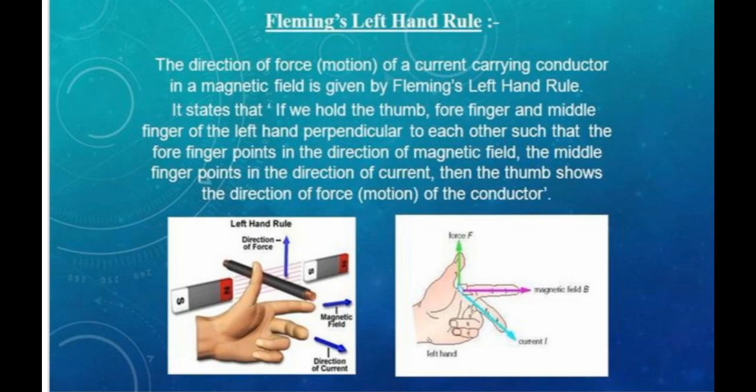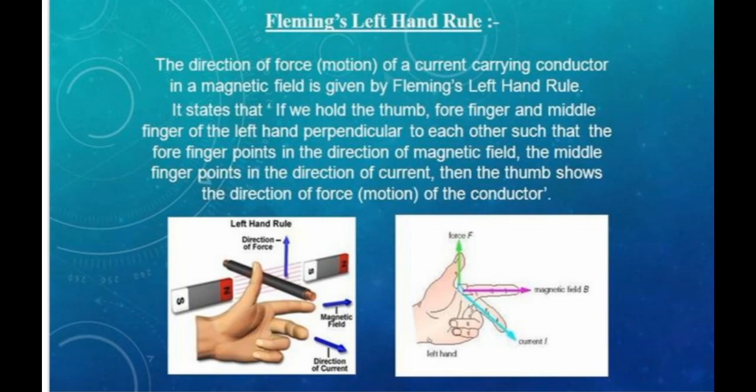Now we will see Fleming's left hand rule. As you can see in the figure, your thumb gives the direction of force or motion, the forefinger gives the direction of magnetic field, and your middle finger gives the direction of current.